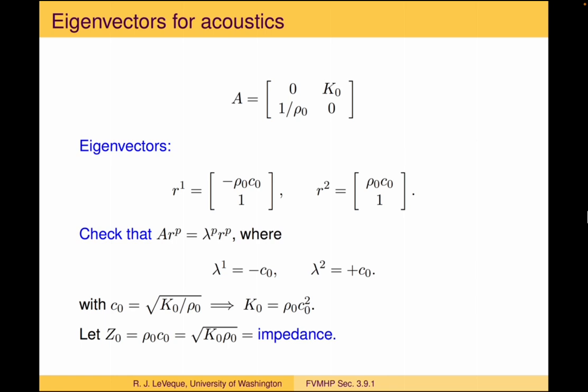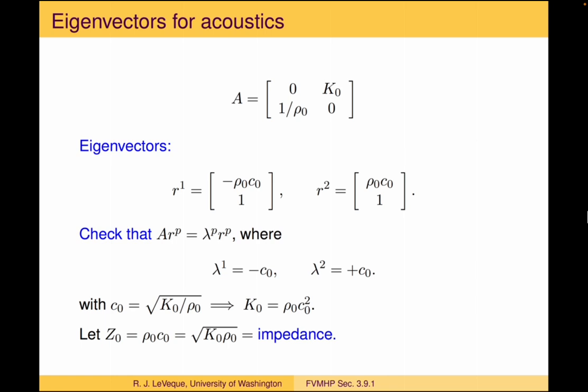You can also write that as the square root of K0 times rho 0. So the eigenvectors are, again, two fixed vectors. They're linearly independent, provided that rho 0 and c0 are both positive anyway. If rho 0 c0, the impedance, was 0, then these would be the same vector and things would break down. We'll look at that case later.